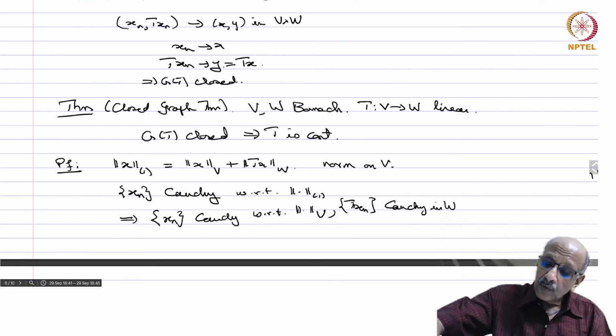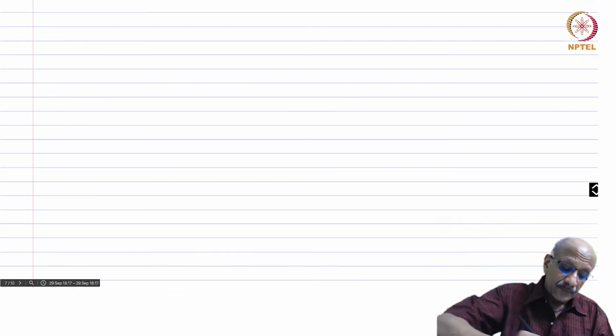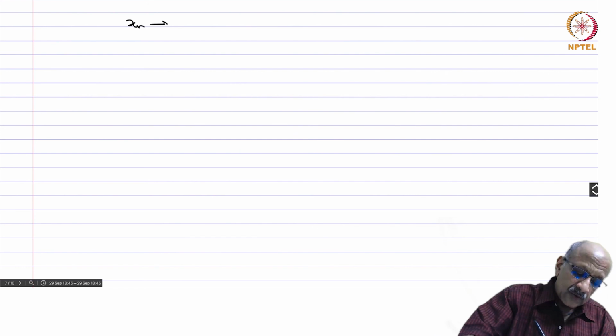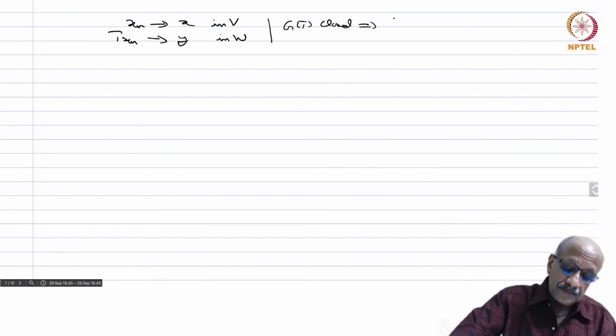Therefore, since both spaces are complete, you have xn goes to some x in V and Txn goes to some y in W. Now you know that GT is closed, which implies y equals Tx.